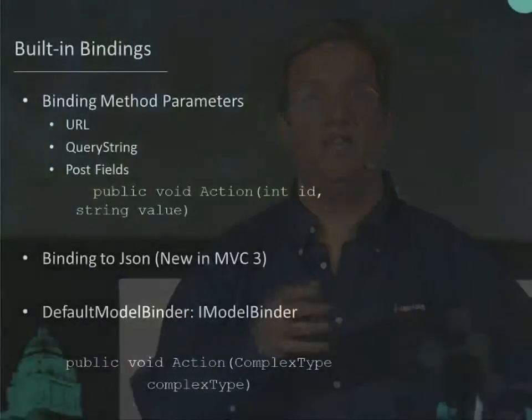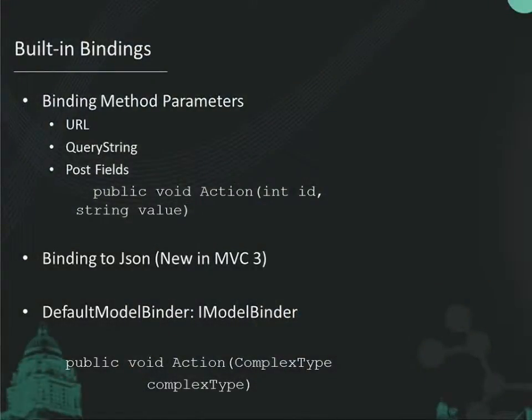So built into MVC, there is an entry point where you can create your own model binder. The model binder is the guy that takes the data from the form and binds it to some parameters that are coming into the action. You can override that. But the default model binders have support for objects and objects that have nested objects and objects that have nested objects that have nested objects and rows of objects.